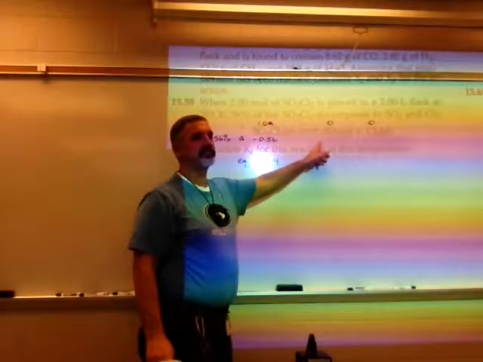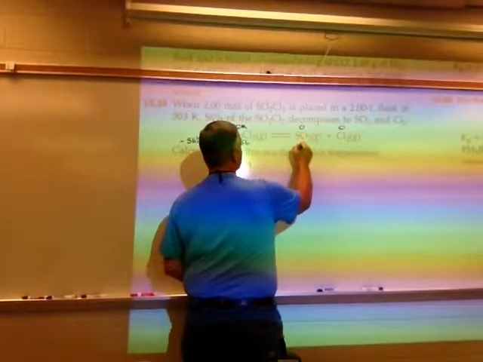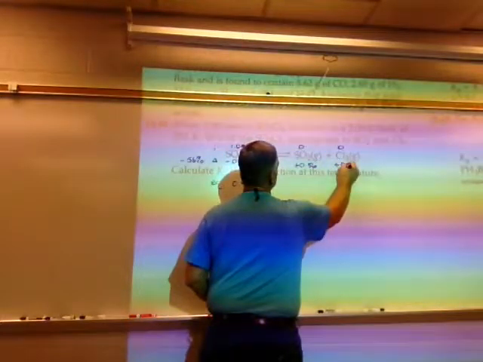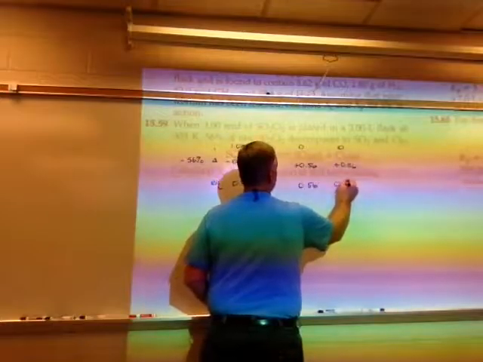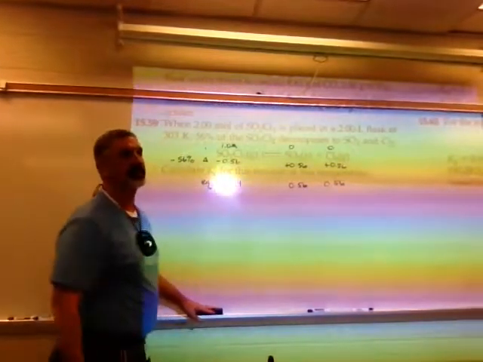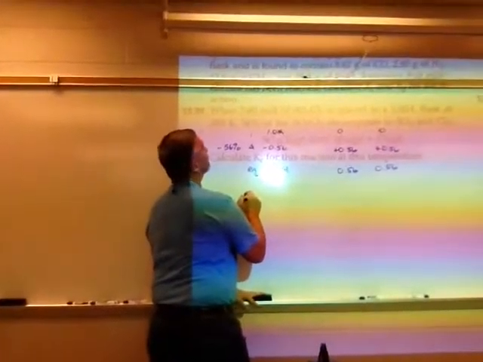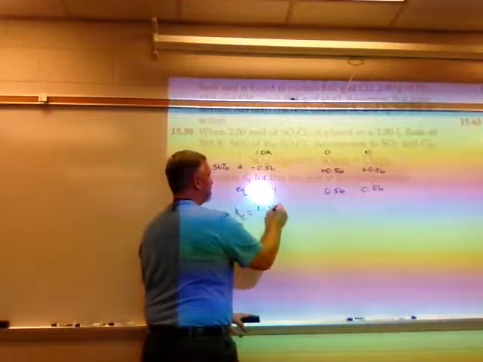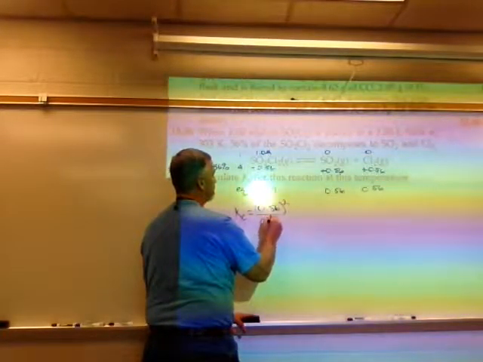Plus 0.56. This is going to be plus 0.56. So at equilibrium, we have 0.56, 0.56. Now we just plug it in. So Kc is going to equal 0.56 squared divided by 0.44.